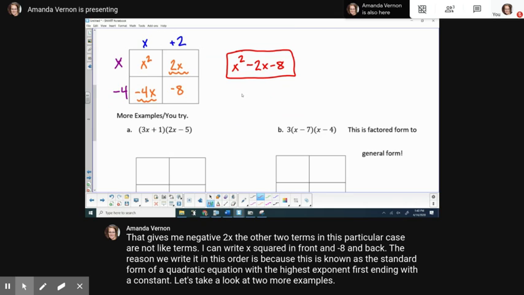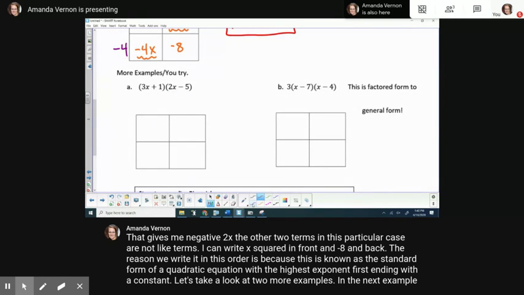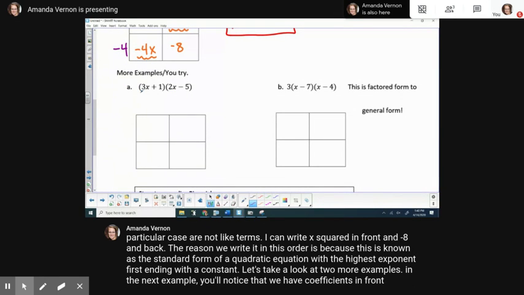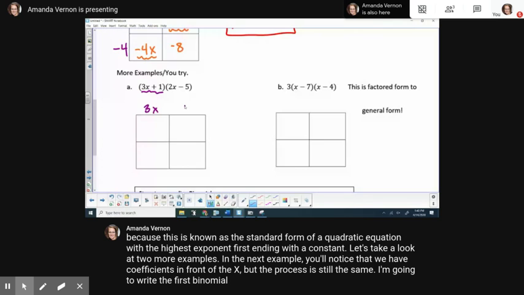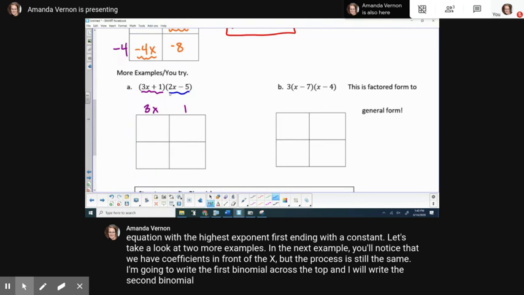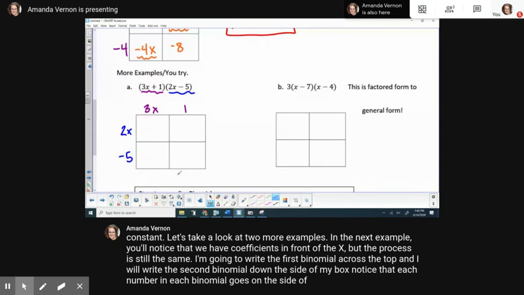In the next example, you'll notice that we have coefficients in front of the x, but the process is still the same. I'm going to write the first binomial across the top, and I will write the second binomial down the side of my box. Notice that each number in each binomial goes on the side of one of the boxes.